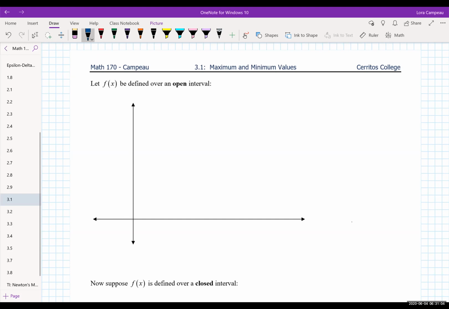We're going to start off with some function, f of x, and we're going to define it over an open interval. So I'm going to make it a little more interesting for myself. So something like this. And if this is f of x, and I want to define it over an open interval, usually we're speaking anything.